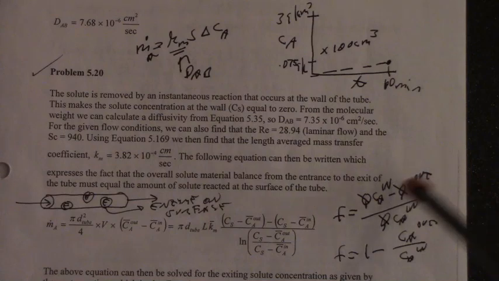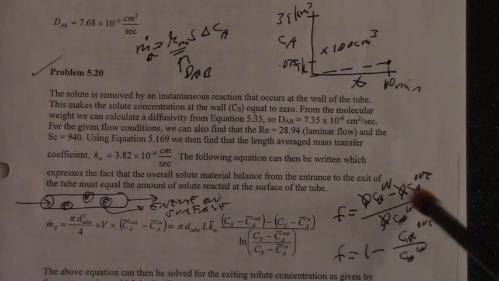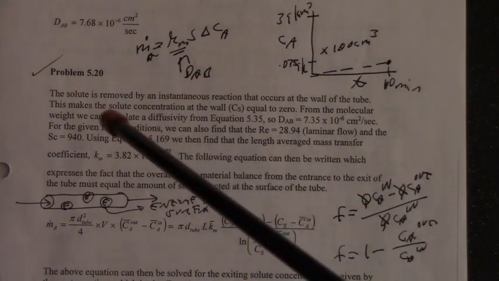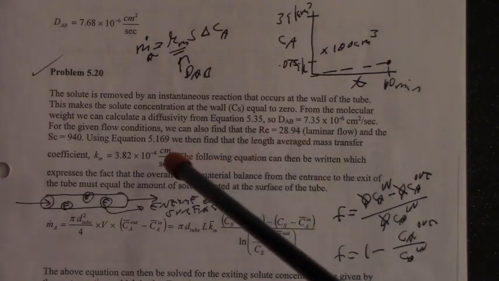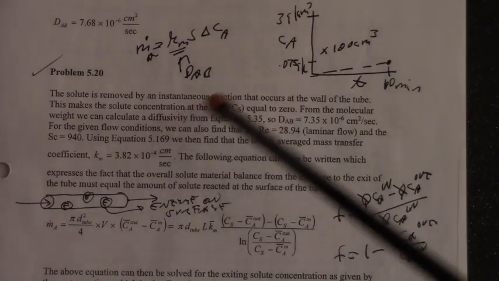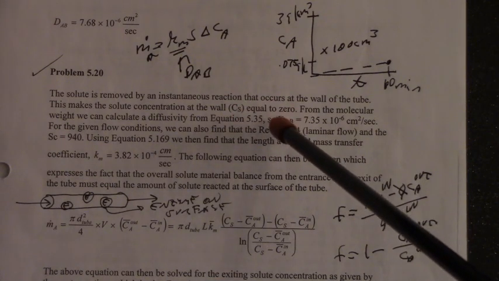So this is the actual amount of that solute that's been converted, and if you divide that by the amount coming in, then that would be the fraction of that solute that's been effectively removed by this process occurring on the surface of the tube. So that means then that the surface concentration of the solute C_S is equal to 0.